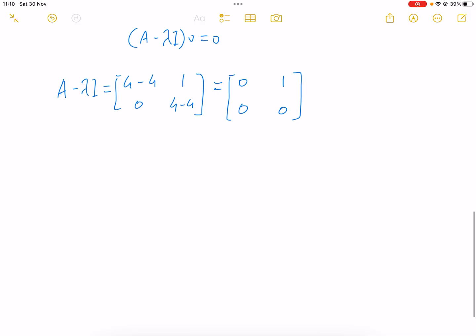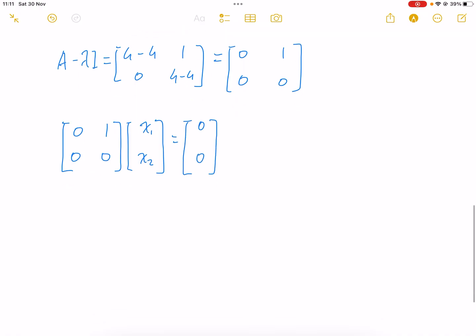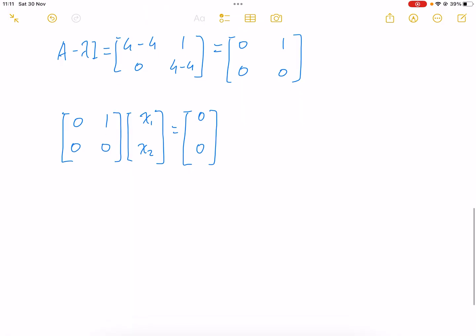We need to solve this matrix times the vector (x1, x2) to get (0, 0). This gives the equation x2 equals 0, and x1 can be any value.